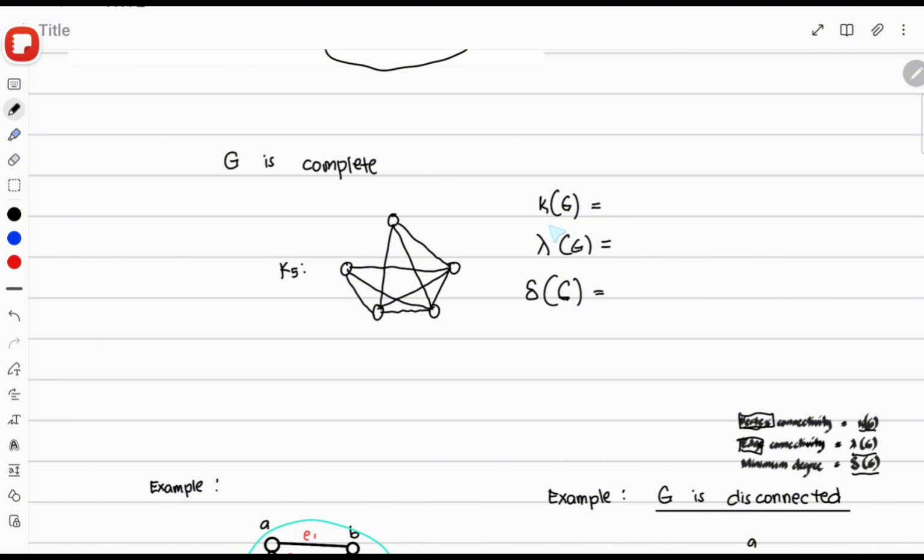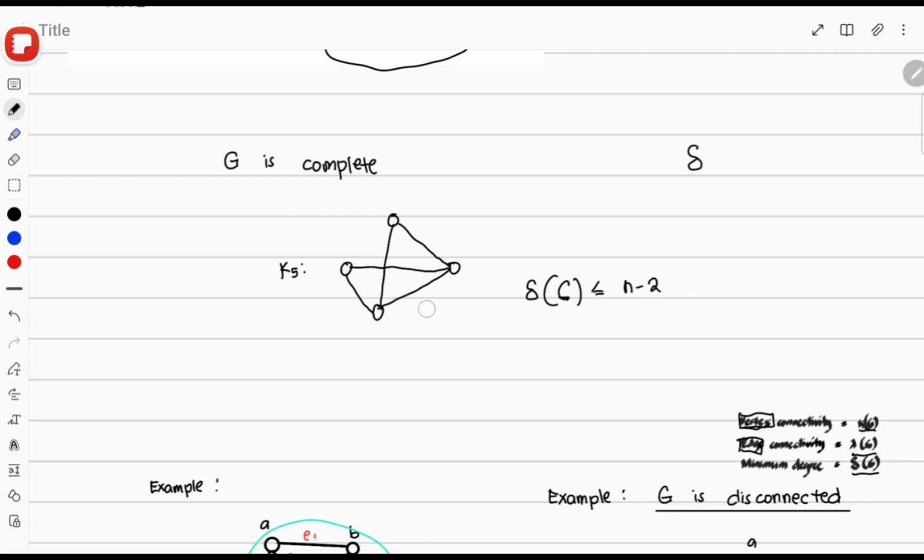So we have here that kappa of G is less than or equal to n minus 2.